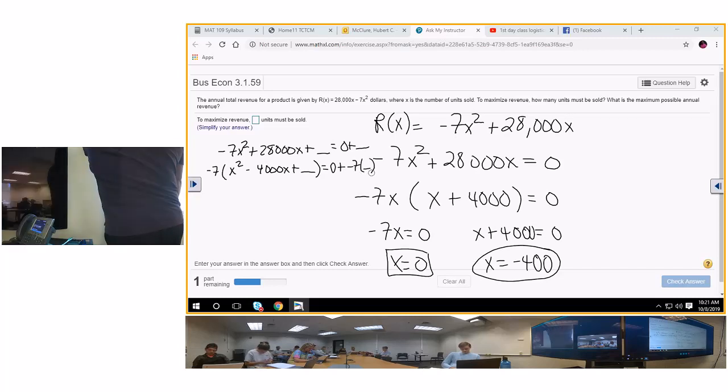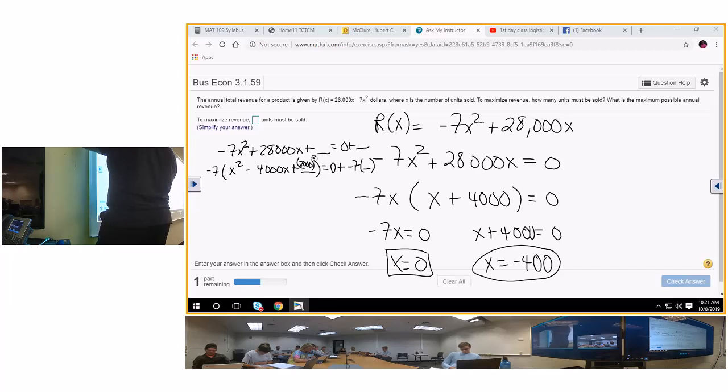What's half of 4,000? 2,000. And 2,000 squared is 4 million.